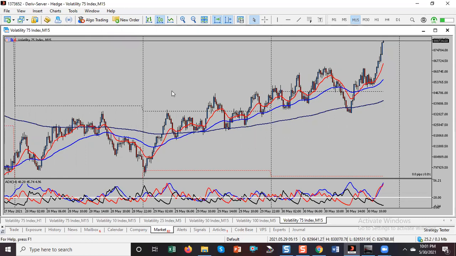So what are we looking at in this strategy? We want to see price above the 200 exponential moving average, and we also want to see the 50 and the 13 exponential moving averages above the 200. We also want to see the 13 above the 50.